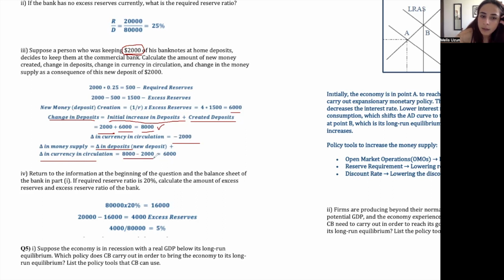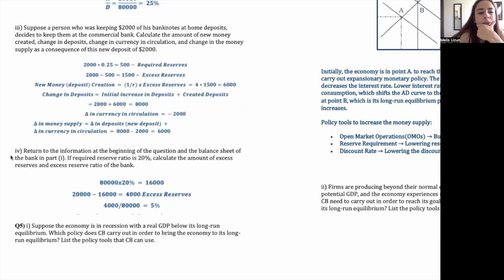If we sum them up, we will find 6,000. Let's look at the fourth option. It asks us to return to the information at the beginning of the question and the balance sheet of the bank in part E. If the required reserve ratio is 20%, calculate the amount of excess reserves and excess reserve ratio of the bank.